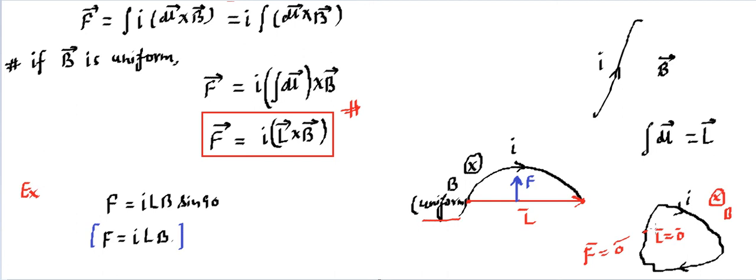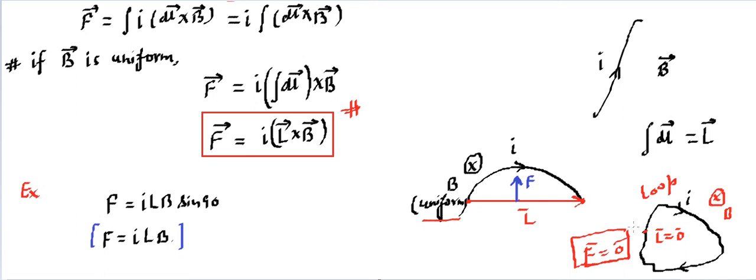So note it down. Right, as long as the field is uniform, it will be 0. If the field is non-uniform, it may not be 0, so there is no necessity for it to be 0. And if B is uniform, then it is necessary to be 0 for a loop.